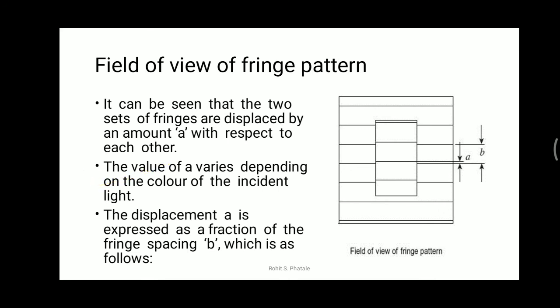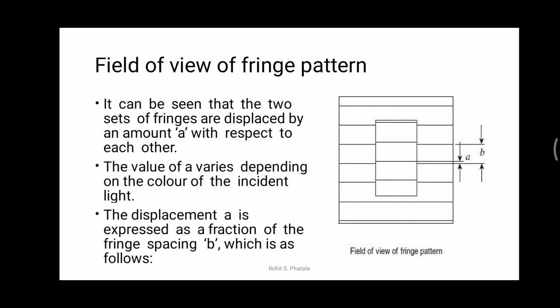Then the value of A varies depending upon the color of the incident light. Okay, A का जो value है that will change, or that is dependent on the color of the incident light. Then the displacement A is expressed as a fraction of the fringe spacing B, which is given as follows.